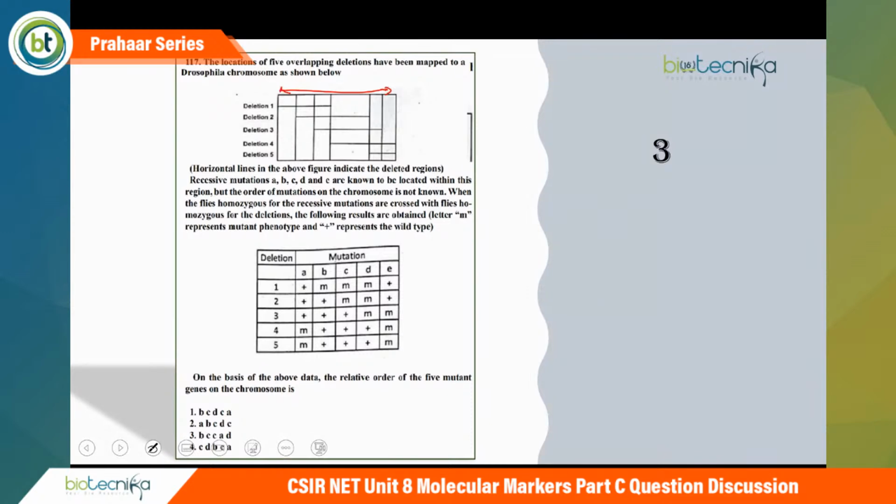The letter M represents mutant phenotype, plus represents wild type phenotype. There can be another form of representing this table where instead of writing M, the mutant phenotype is written as minus, but ultimately it will be a similar condition. On the basis of the above data, the relative order of the 5 mutant genes on the chromosome is what we have to find out here.